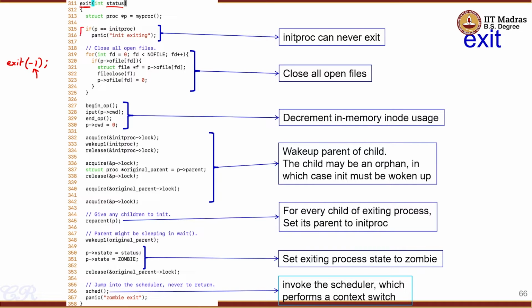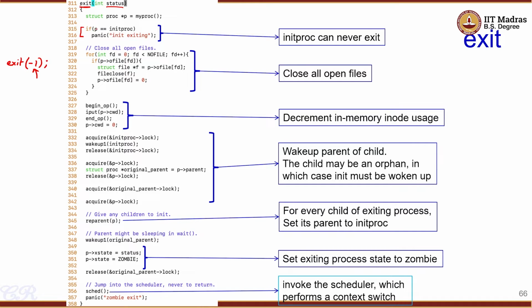In this particular line, what we do is identify if this exit, due to whatever reason, is being invoked by the init process, or the init proc. Now we know that the init process cannot terminate because it has the huge responsibility to adopt every child process and therefore should always be alive.